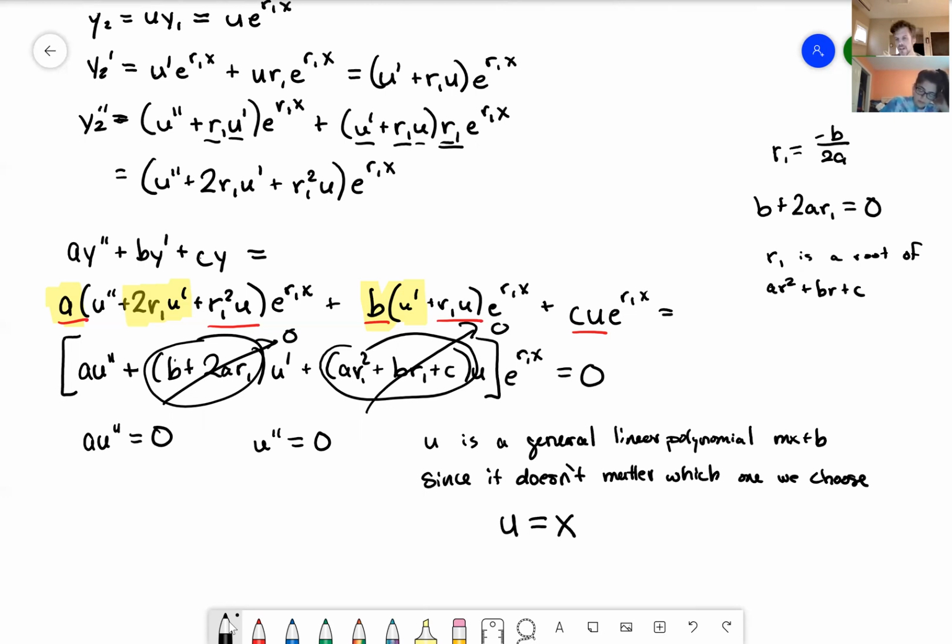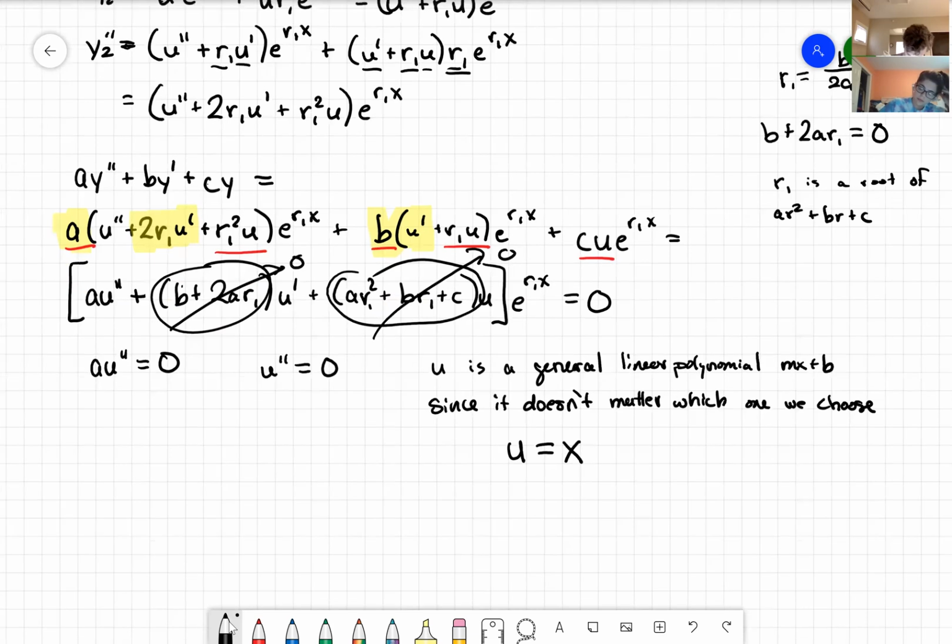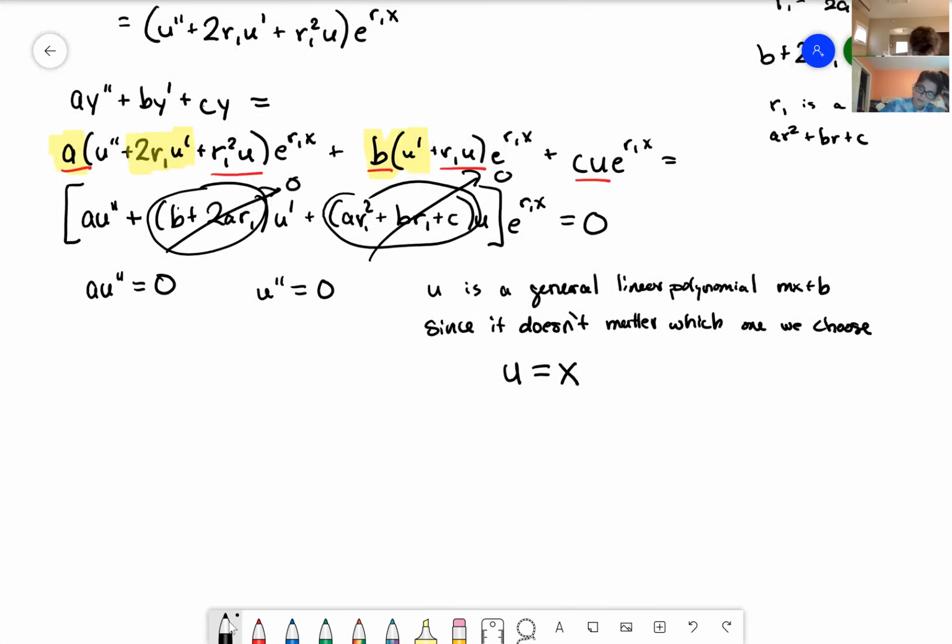If we had chosen u is just equal to a constant, we wouldn't have gone any further than what we started with when we did the variation of parameters. So we need to at least pick something that's degree 1. And so we'll just go with the easiest one because it doesn't matter which one. So we'll get y2 is equal to x times y1, which is just x e to the r1.